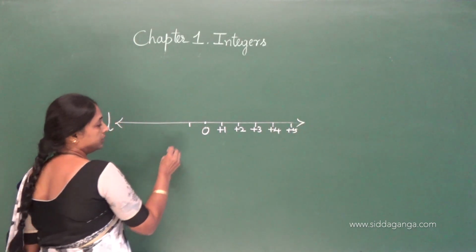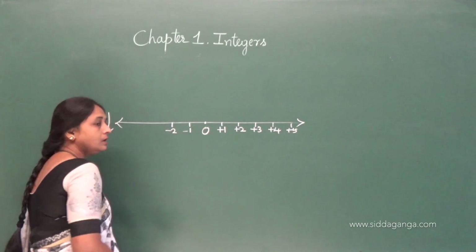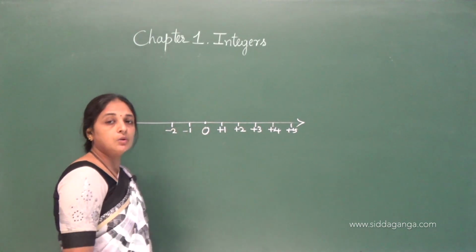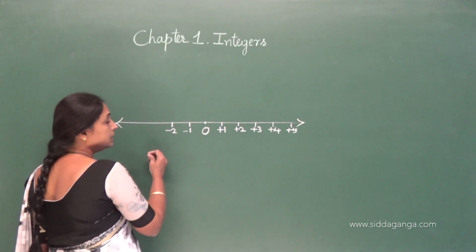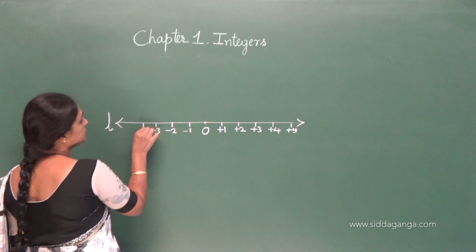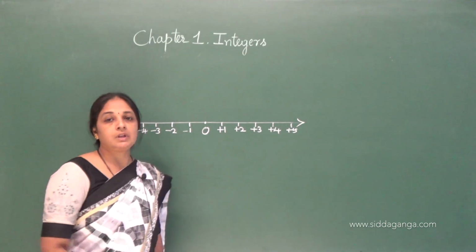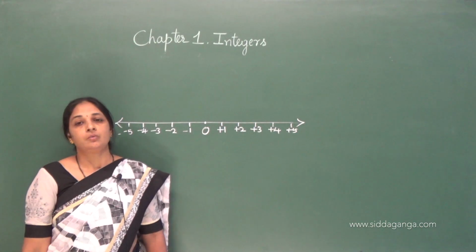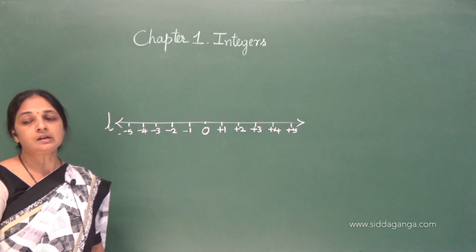And to the left we mark negative integers with unit distance between every integer, minus 3, minus 4, minus 5 and so on. With the help of this number line, we add and subtract the integers.